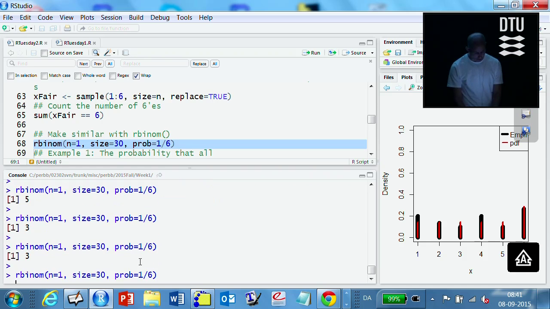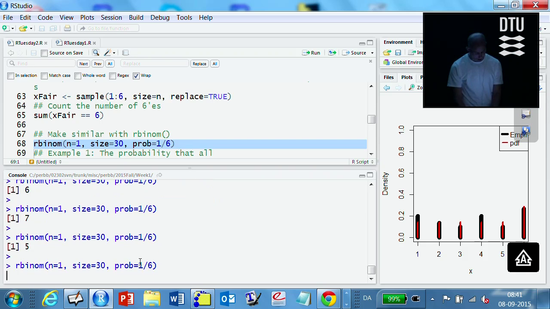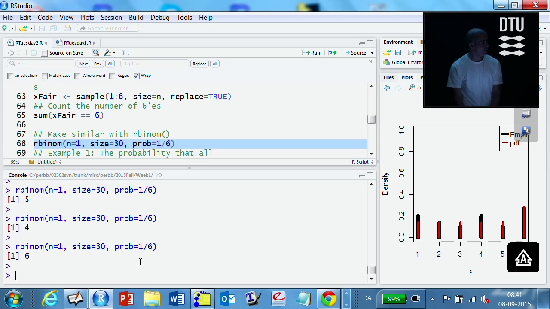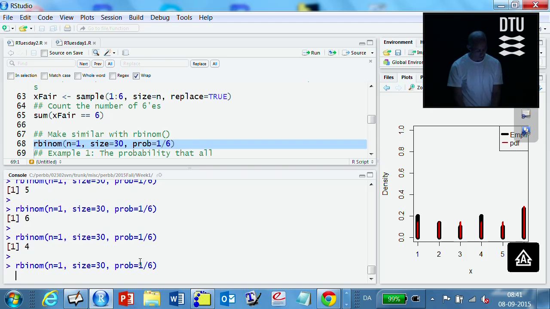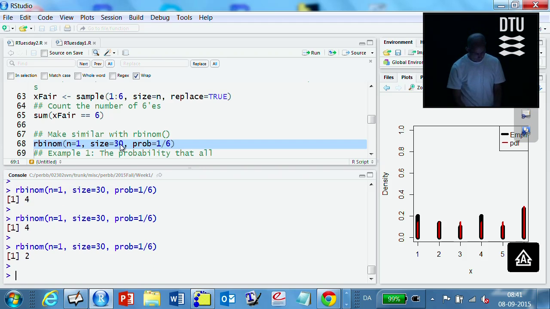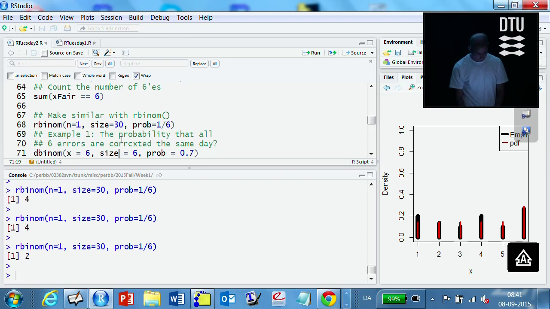When I throw 30 times, with probability 1/6, that would be an average of 5, right? 30 divided by 6, that's an average of 5. So that was just playing around with the binomial probabilities and seeing that the functions are there for us to play around with, right?